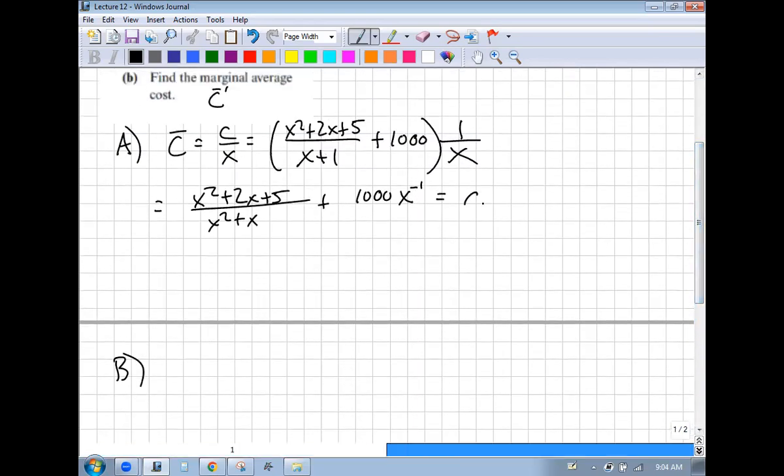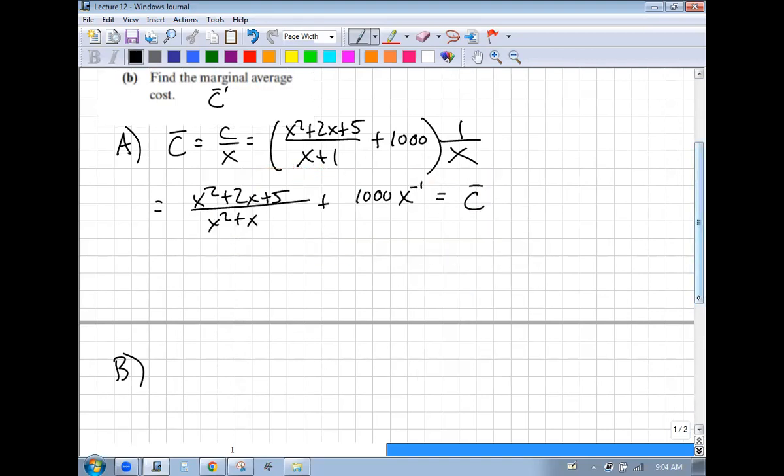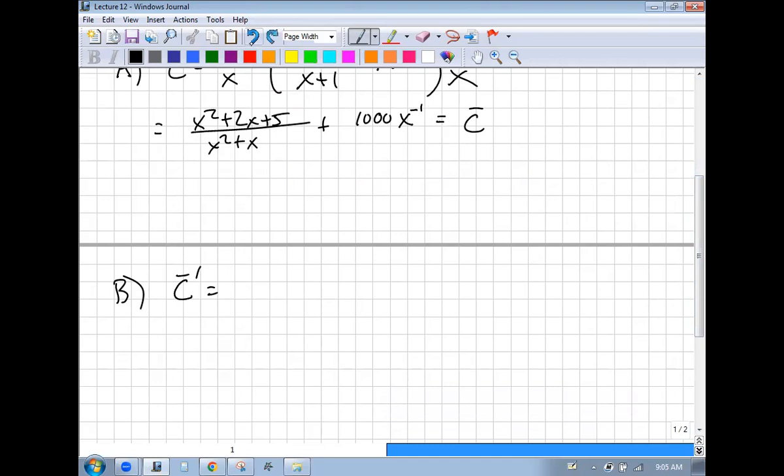Well, if this is our C bar, then C bar prime, we just have to take the derivative of this, right? Since this is a quotient, a fraction, we need to use the quotient rule. Remember, what is the quotient rule? If you have u over v prime, it was v u prime minus u v prime over v squared, all right?